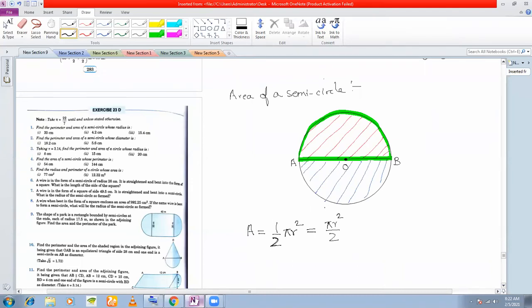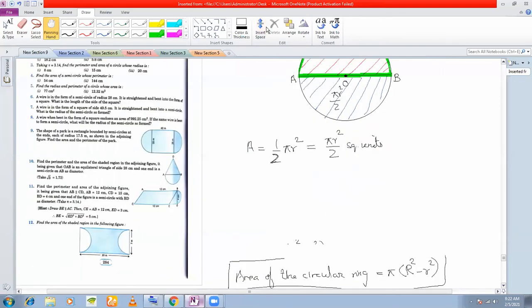That area is also pi r square by 2. This is the area of a semicircle. The unit of the area, if it is centimeter, should be centimeter square. If it is meter, it should be meter square. So square units, whatever unit is given to you.